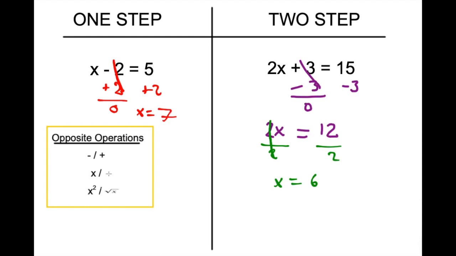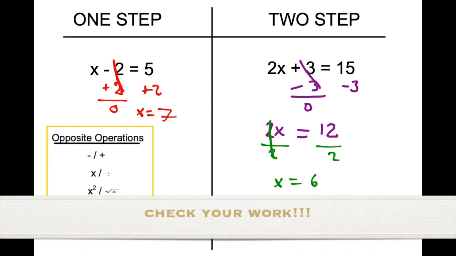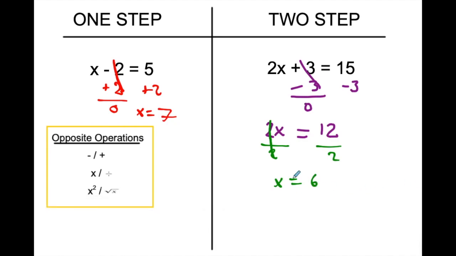Now, another great thing to do is the following. Check your work. I'm going to take this x equals 6, and I'm going to substitute it into this formula. So wherever there's an x, I'm going to put a 6.